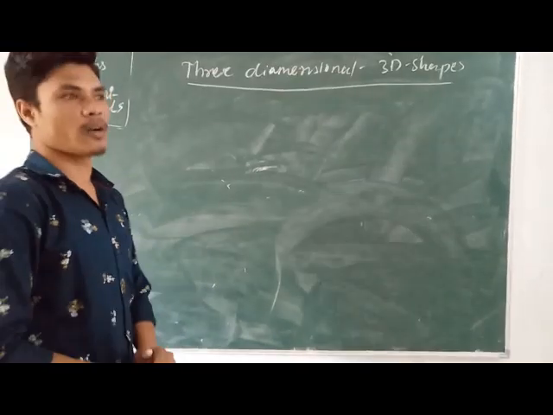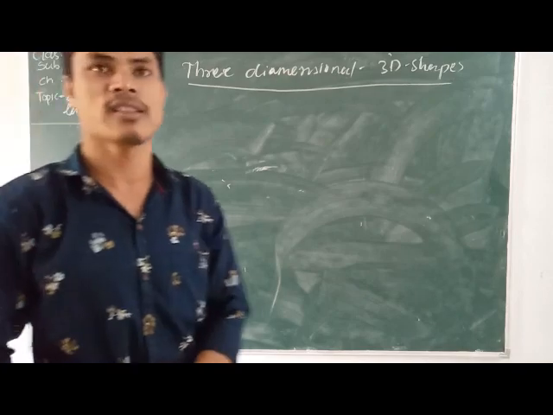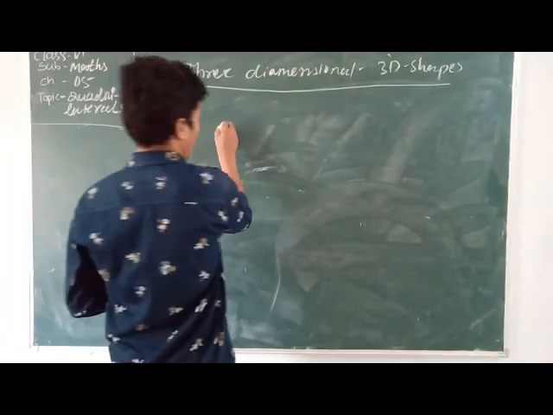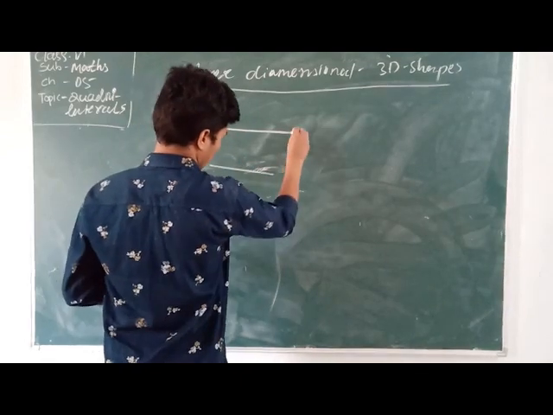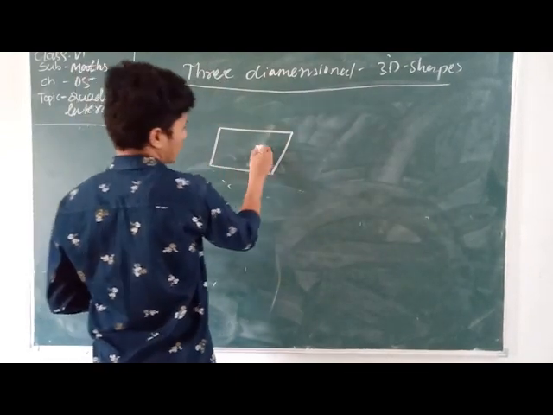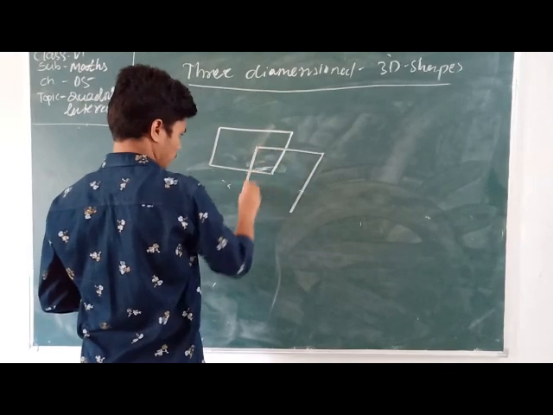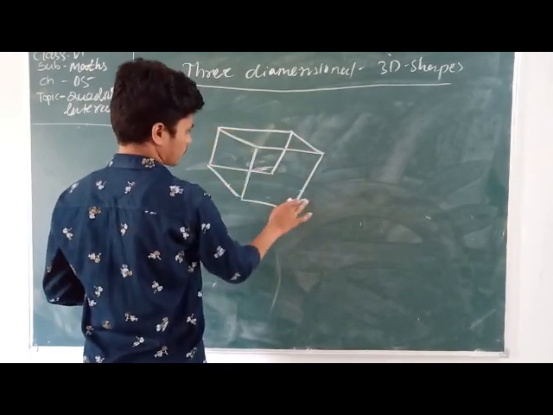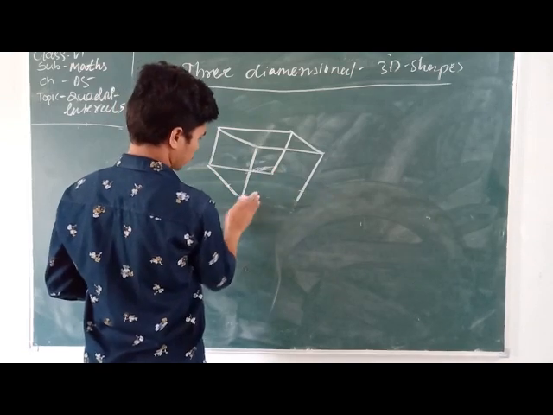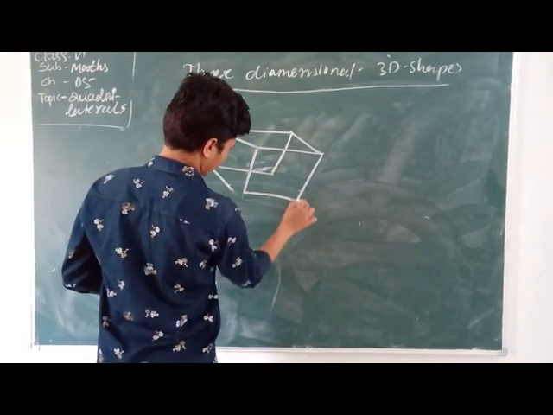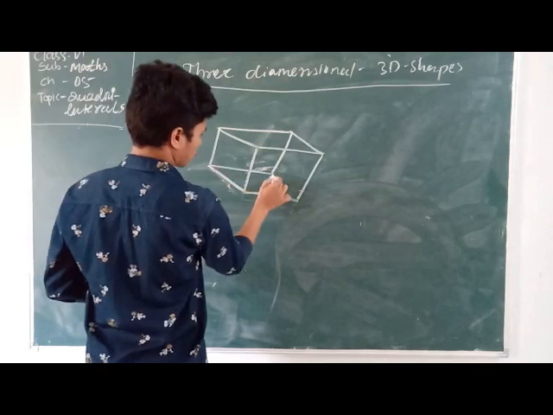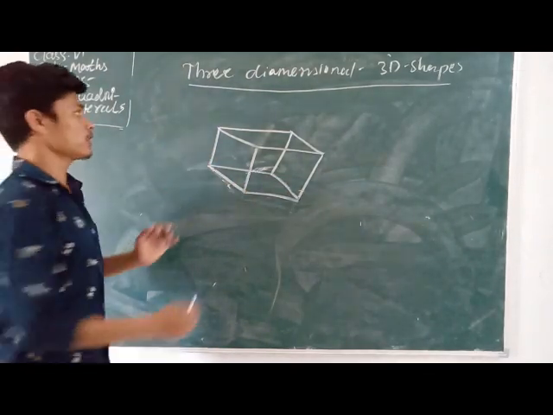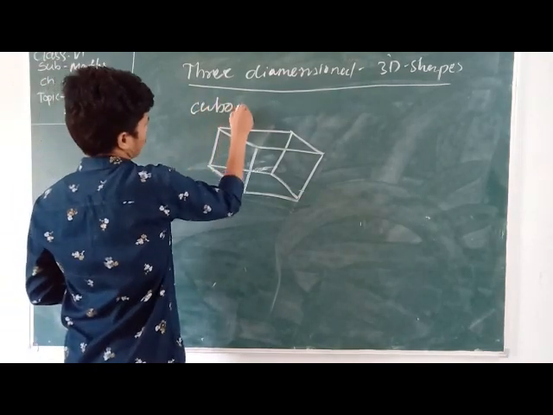So now we discuss the 3D shapes, that means 3-dimensional. Already I gave you an example of a duster. Now see how you draw it. First we discuss the cuboid.